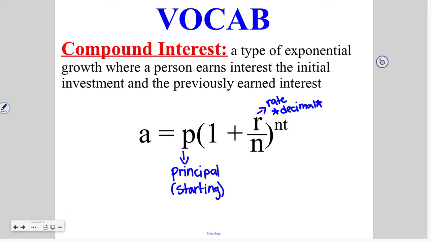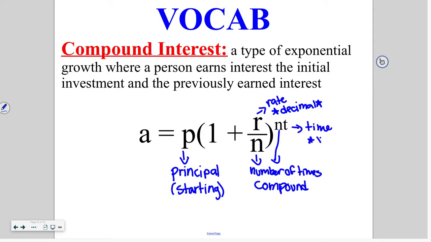The N stands for number of times compounded. So that's the number of times you are actually going to be calculating this within a 1-year period. The N in the exponent is the same as the N in the denominator. That T stands for time.